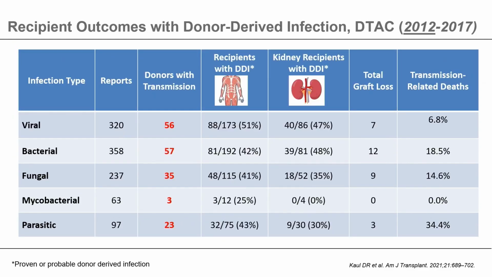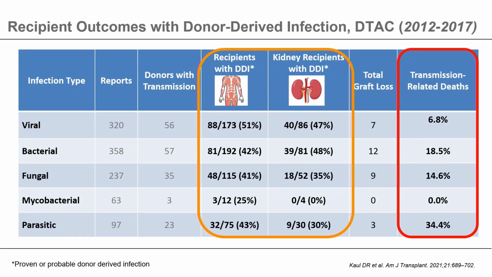Going a little bit more into the kidney recipients, we look at the number of donors with transmission, then the number of recipients, knowing the different numbers of organs transplanted from the donors, and how that compares overall with kidneys. And what about the transmission-related deaths? We know that transmission-related deaths are much higher out of proportion to the small number of cases that actually have donor-derived transmissions.